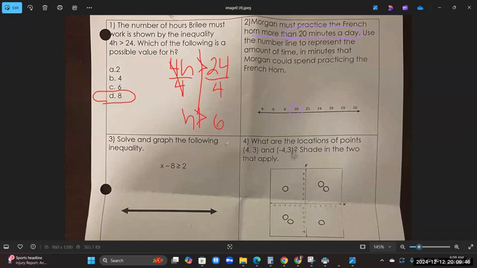Put an open circle at 20, and then we're going to shade in the opposite direction. It's kind of hard for me to see your number line, but wherever 20 is on your number line.